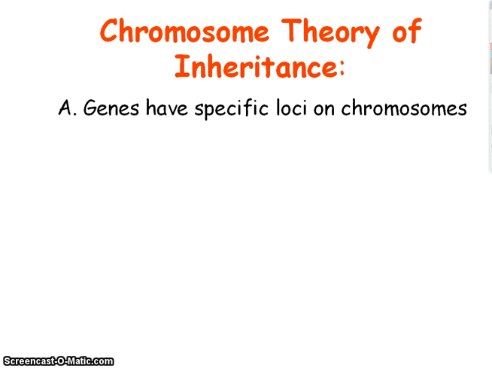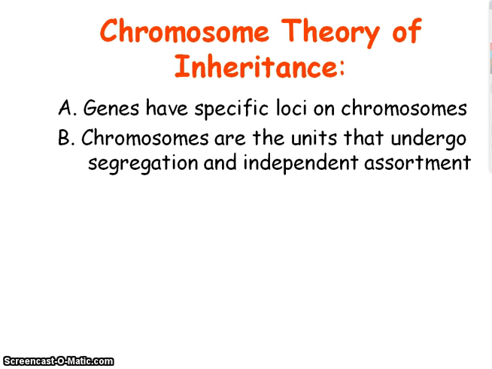So he said that there were these factors that organisms had, and then even though they had 2 copies of a factor, they passed on one of those 2, and so the offspring ended up getting a copy from each parent. Today, the chromosome theory of inheritance basically just says those factors, we're going to call them genes. And a gene is a specific location or a loci on a chromosome.